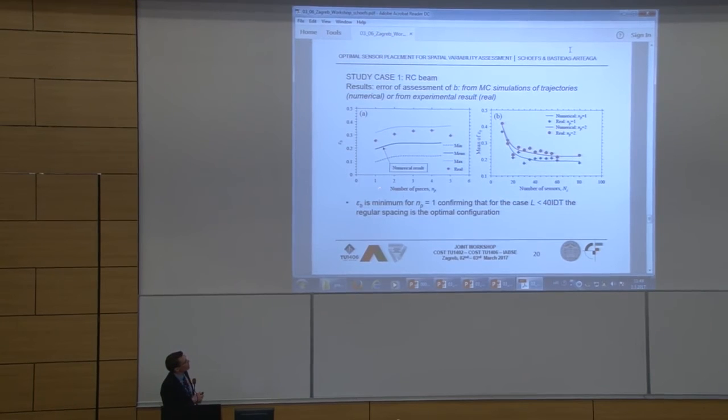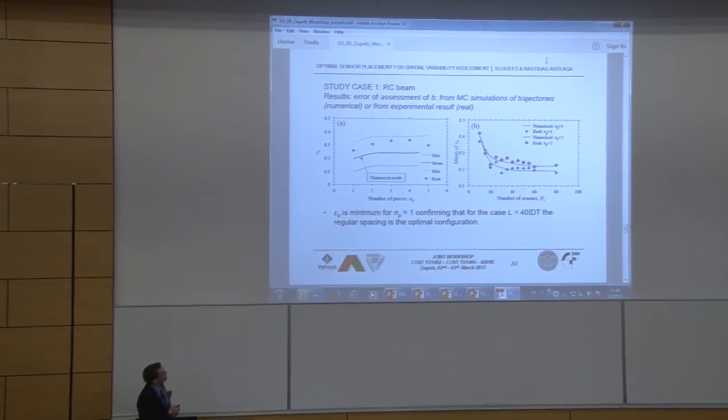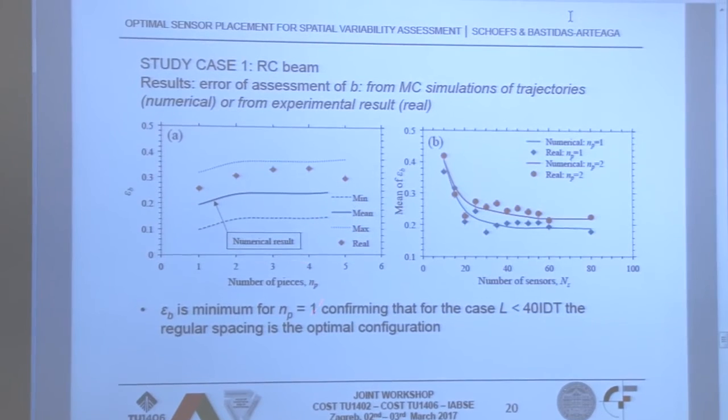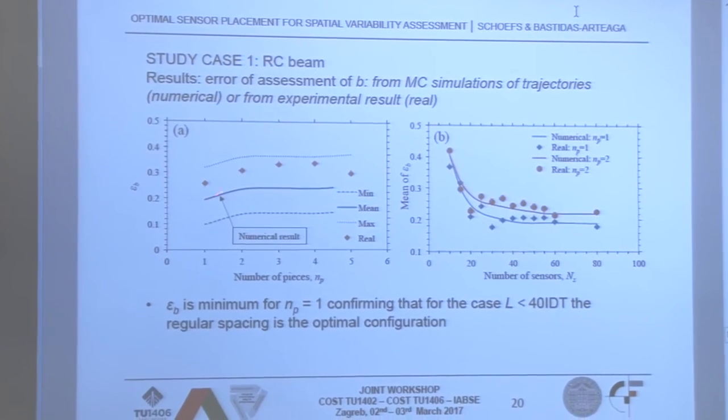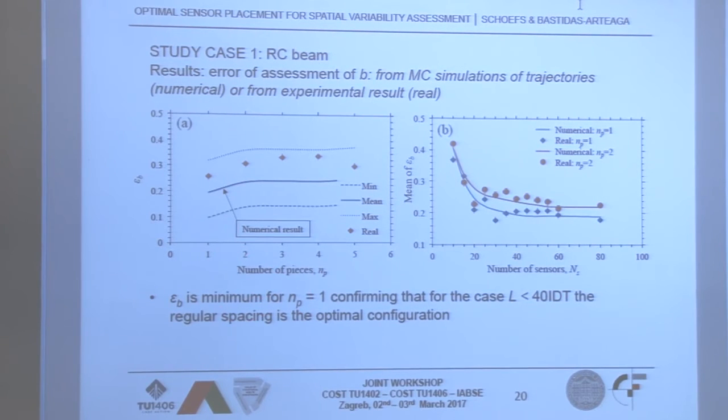First, I will only focus on the value of the error. You can see that if you increase the number of pieces here, you will obtain an increasing value of the error. That means that the error is minimum for one piece, so that's the regular spacing of the sensors in that case.